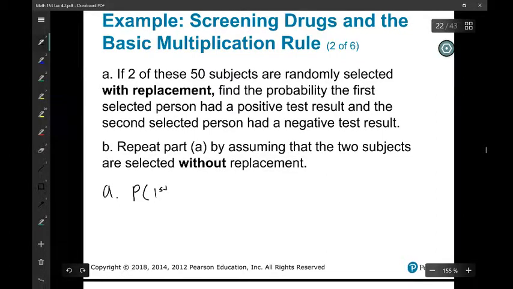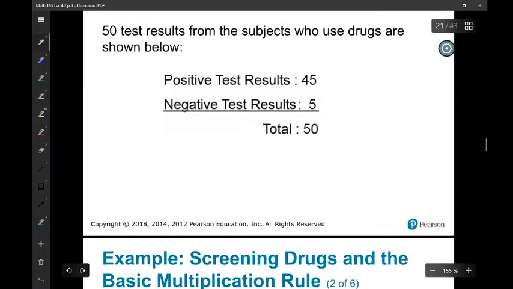So first selected person has positive test. So if we were to randomly select one person, well, there are 45 positive test results and a total of 50. That's the sample space, sample size.